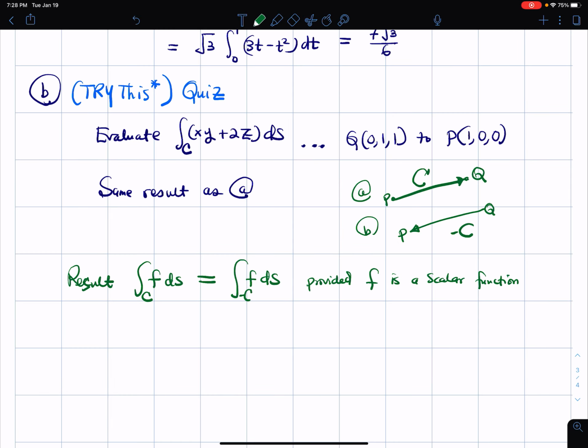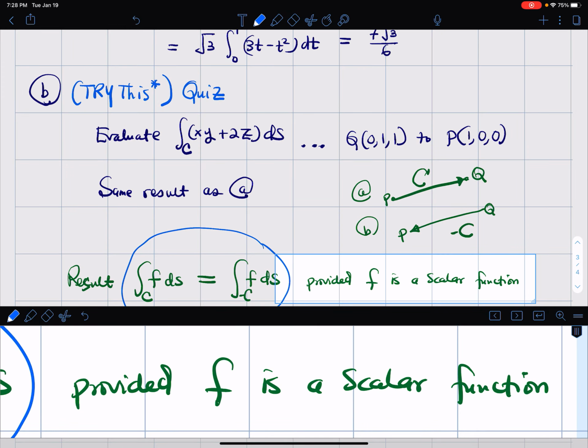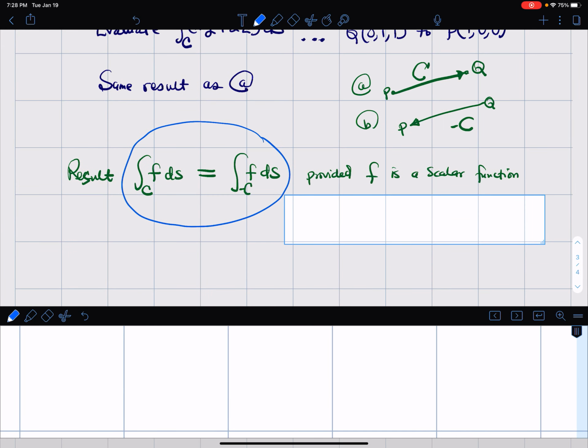So scalar line integrals equal each other, as long as it doesn't matter the direction. If you're going from P to Q or going from Q to P, it's the same thing, right? And it doesn't just apply to straight lines.